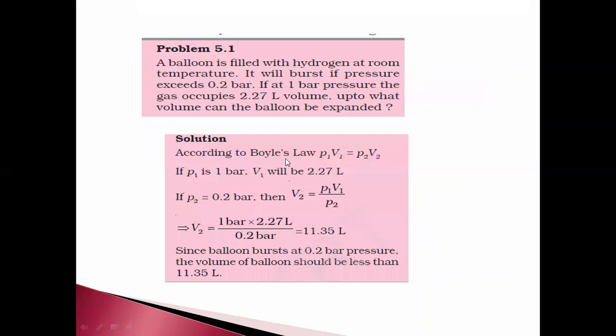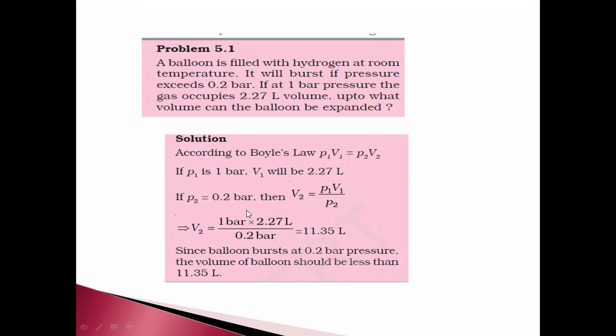So we use Boyle's law, P1 V1 equals P2 V2. P1 is 1 bar, it is given here. Volume is 2.27 liter. P2 is given as 0.2 bar. If the pressure changes, what will the volume be? So apply the values: P1 V1 upon P2, 1 into 2.27 upon 0.2 bar.